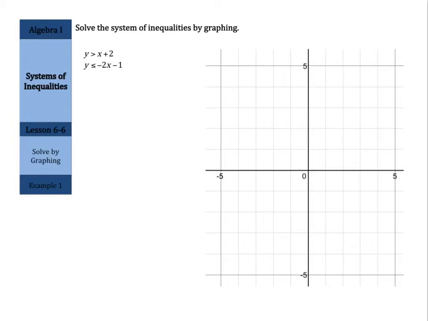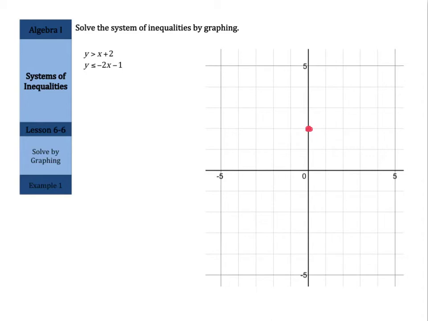So let's solve the system y is greater than x plus 2 and y is less than or equal to negative 2x minus 1. If we graph the first inequality in red, we have a y-intercept of 2 and a slope of 1.